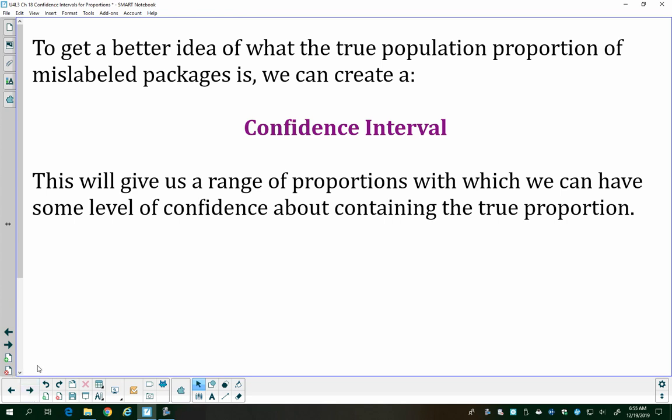It's sort of like casting a net to try and be more informed about where our true population proportion is. You could fish with a fishing hook, or you could fish with a net. There's probably a better chance of catching fish if you have a net than if you have just a single fishing hook.